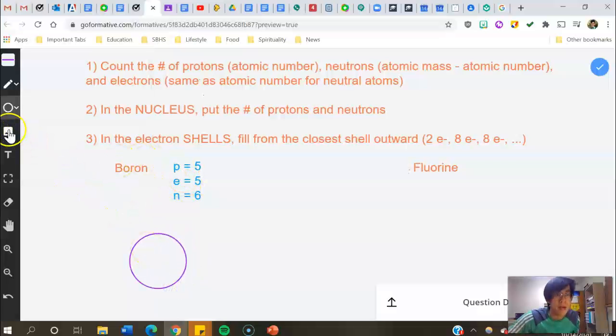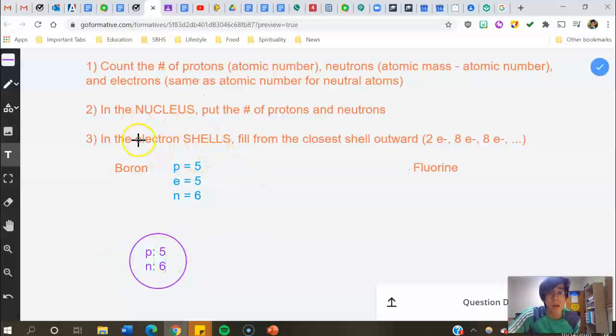All right, and then I am just going to use my text box once again. I'm going to say P, okay, so for protons, there are 5 protons, and then for neutrons, there are 6 neutrons. All right, usually I would draw the particles on paper, but it's kind of hard to draw using Go Formative.